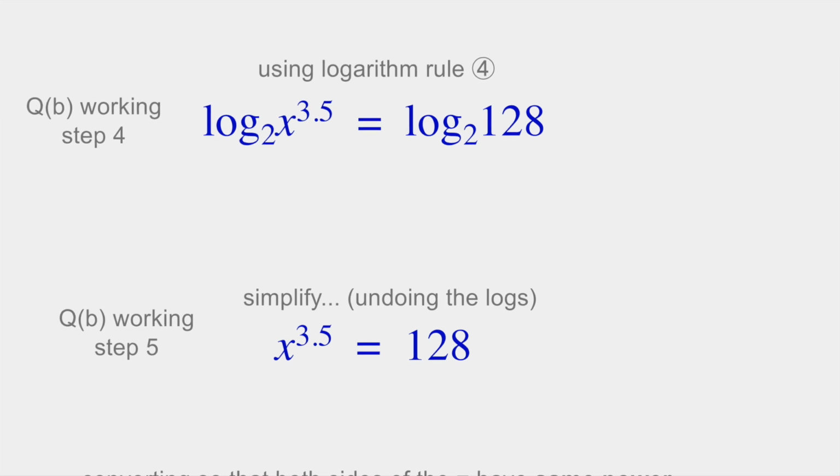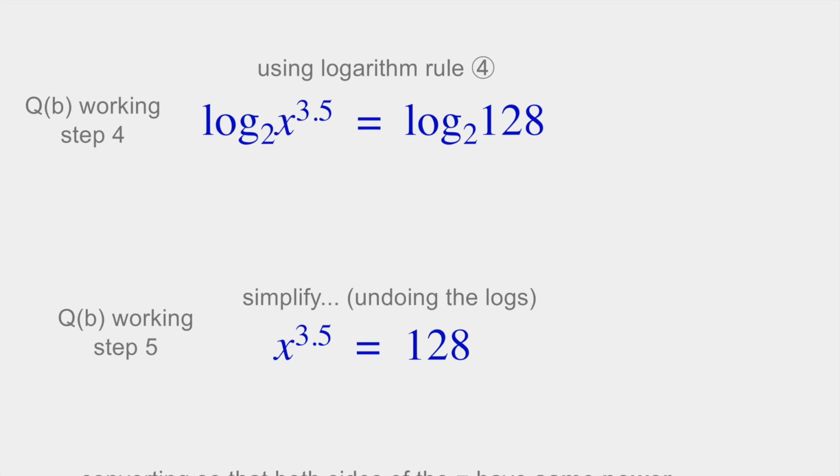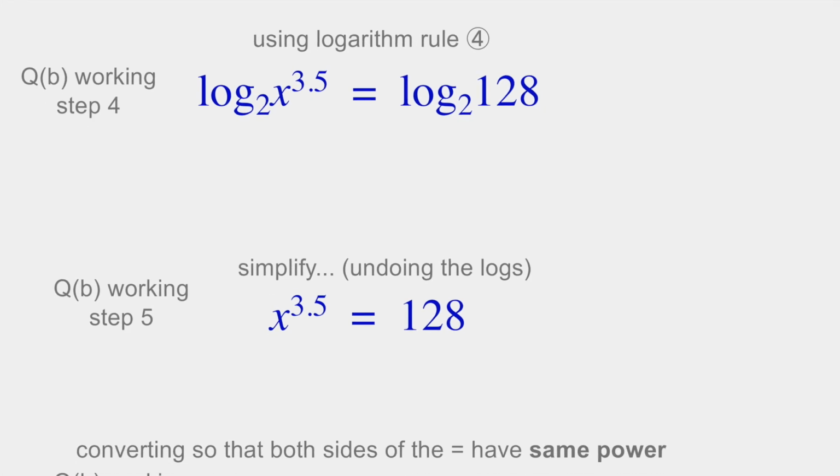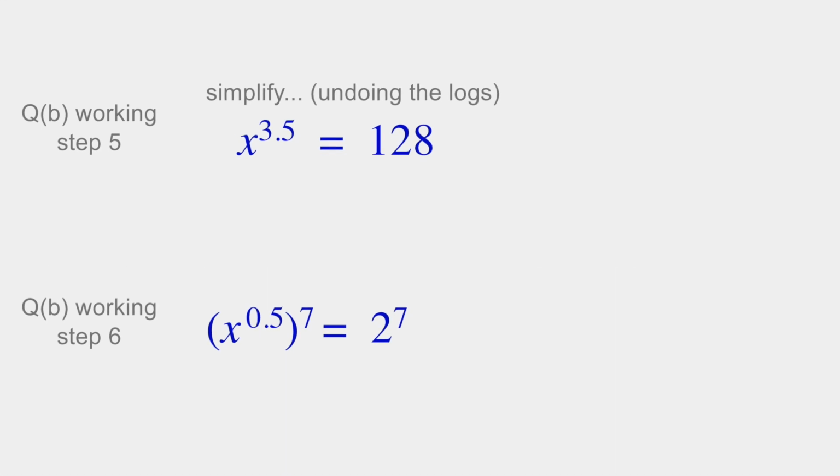So from working step 5 now, it's a little bit awkward because we got a power of 3.5. A lot of students struggle at this step because they're not really sure how to proceed to figure out what x is, especially without a calculator.